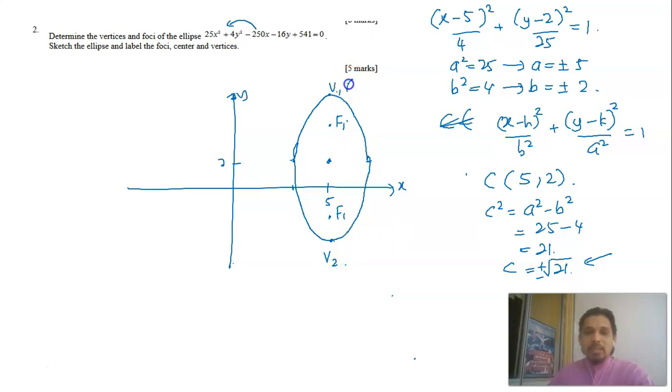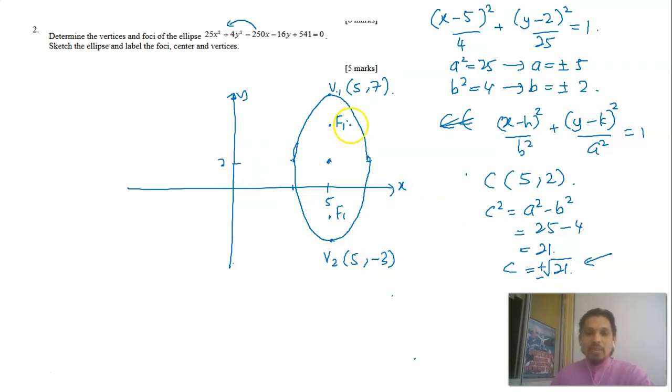So this is 5, and then 2 plus 5 equal to 7. And for x is still 5. And then the value of y, 2 minus 5 equal to negative 3.